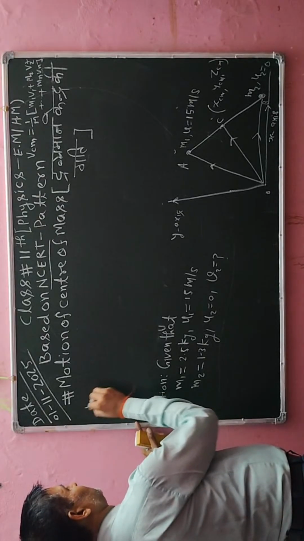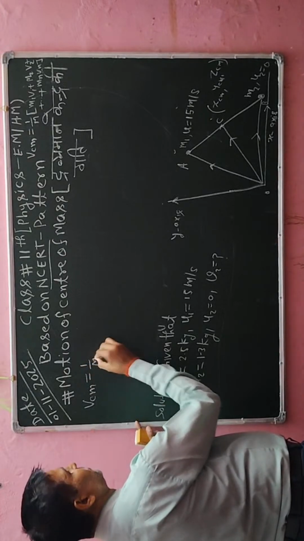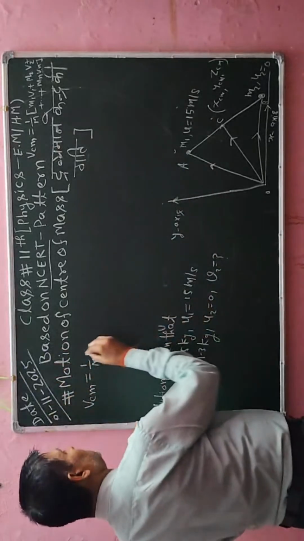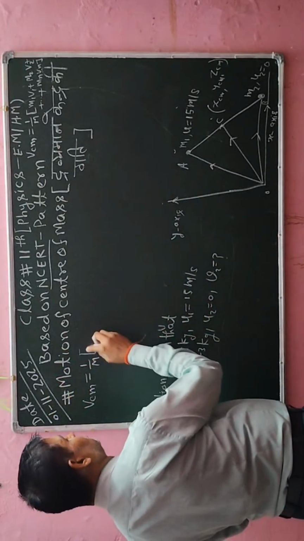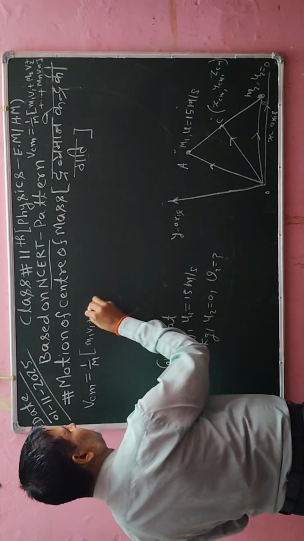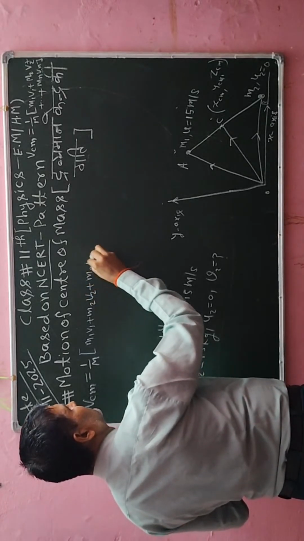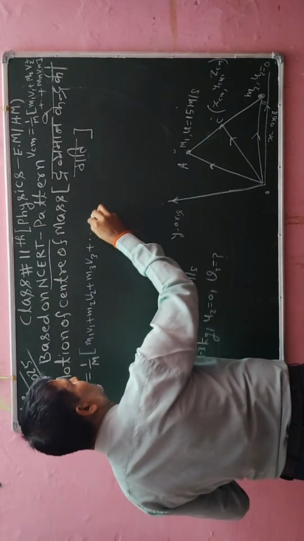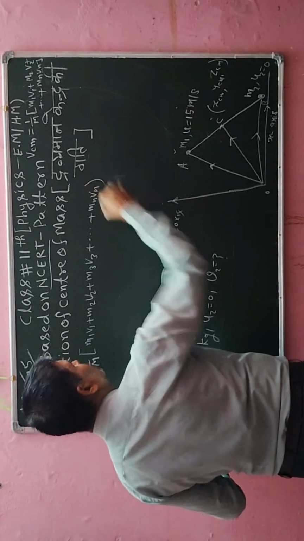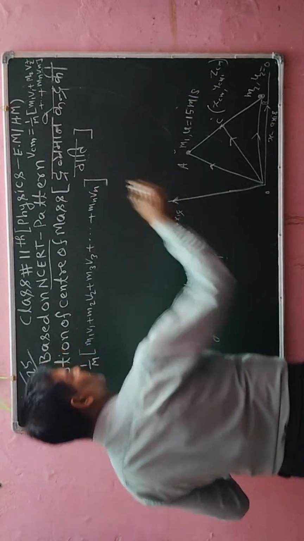I can write VCM equal to 1 divided by capital M, in brackets M1 V1 plus M2 V2 plus M3 V3 plus dash Mn Vn. Already I have saved that formula here for solving this question. You concentrate and understand its concept in detail.